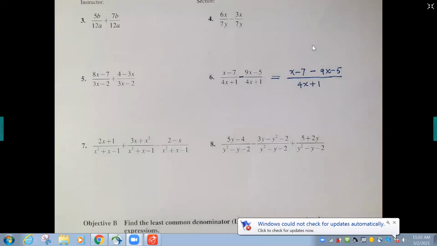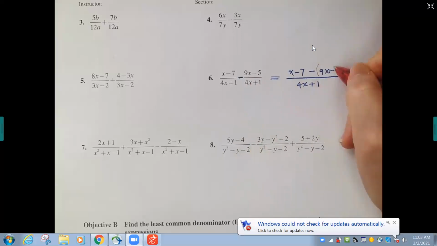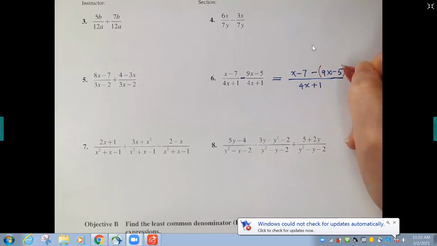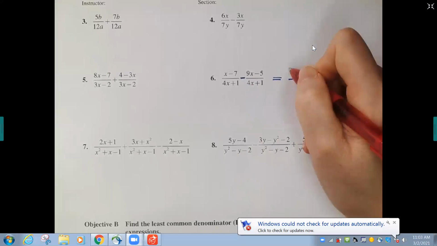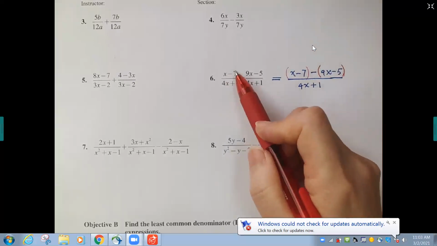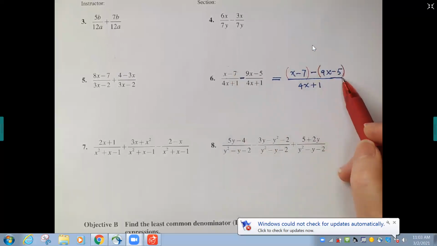Why? Because the entire 9x minus 5 should stay in a parenthesis, because altogether, that is my numerator 2. And this is my numerator 1. So whatever I have, I will use numerator 1, subtract numerator 2.